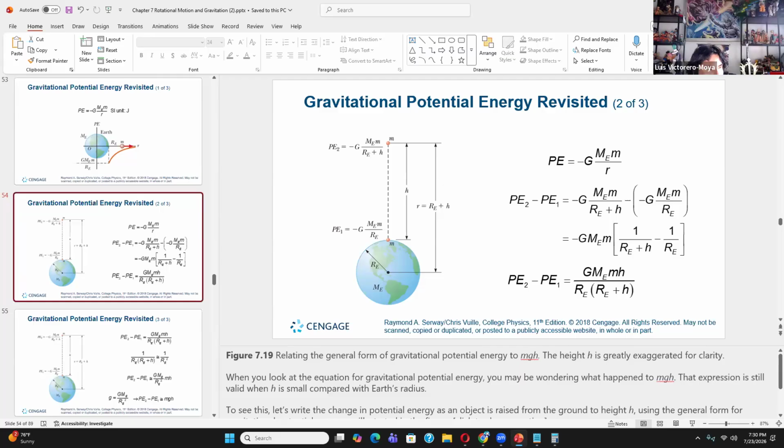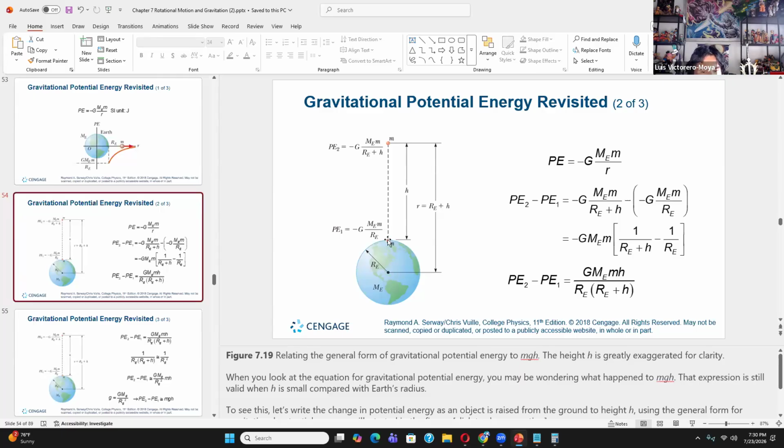But in a more realistic setting, for asteroids, planets, or satellites, the reference is going to be the center of the Earth. We are on the surface of the Earth, so we are 6,400 kilometers from the center of the Earth.